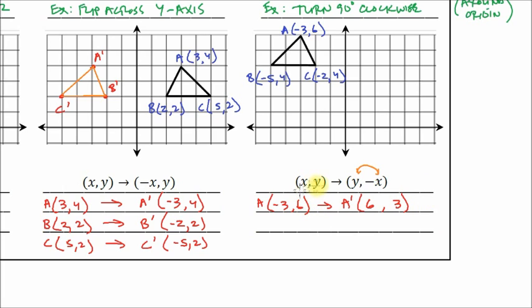So notice, when you do rotation a lot of times, the x and the y coordinates flip spaces, and sometimes one of them will change to negative. Now a lot of students get confused and they'll write negative 3 here because there's a negative in this spot. I want you to realize, take the x value, move it to the back of our new coordinate, and flip the sign. Take our y value and move it to the front of our coordinate, and don't change the sign.